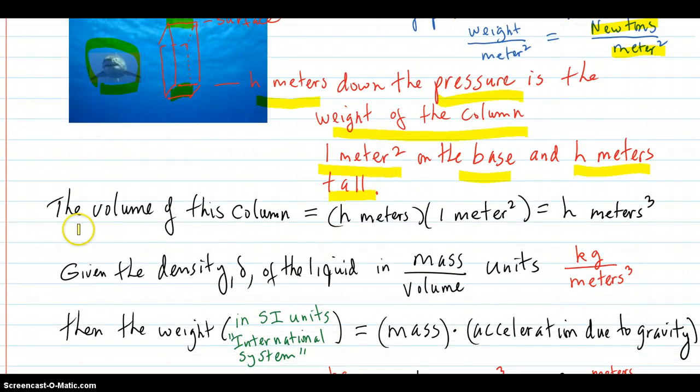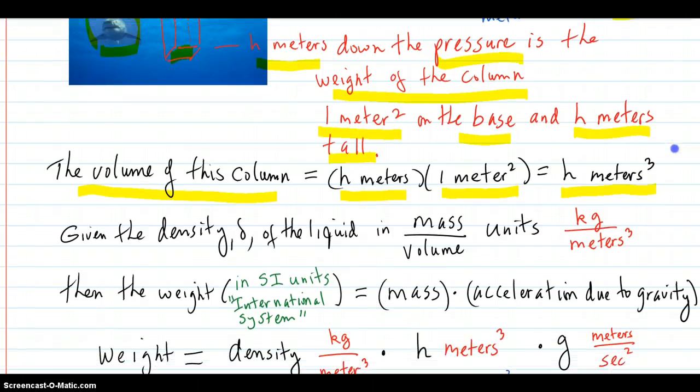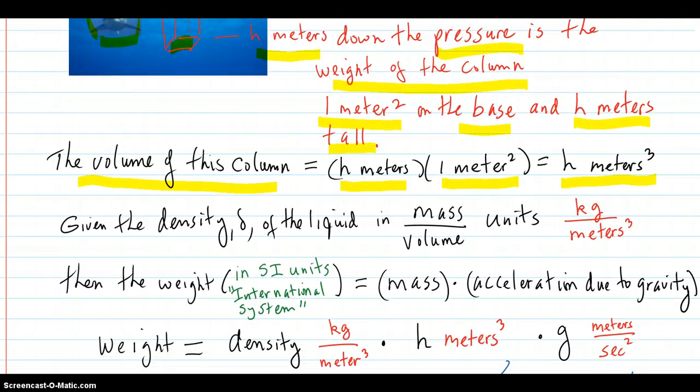Now, the volume of the column of the liquid is h meters tall, 1 square meter on the base, so that multiplies to h cubic meters. The density comes in because you don't know what kind of liquid you're dealing with, oil, or water, or seawater, a little different.